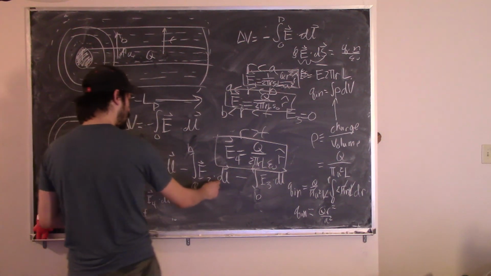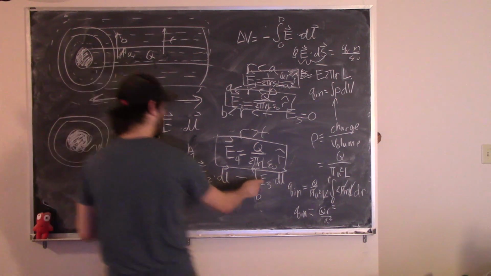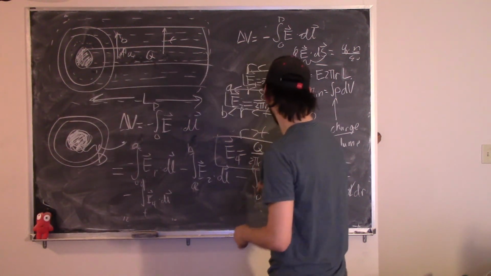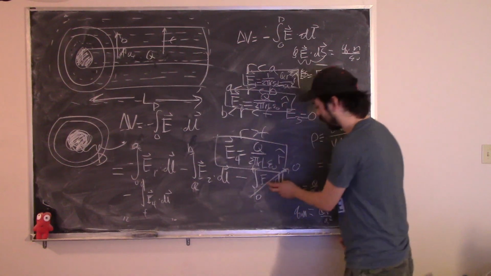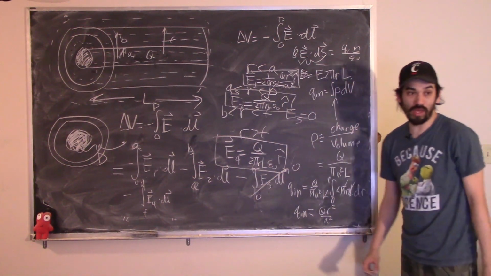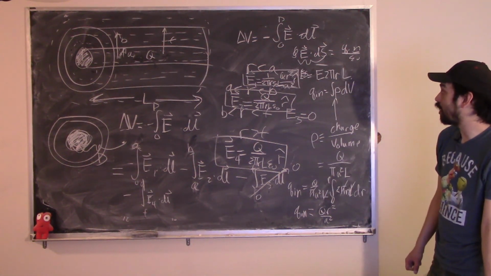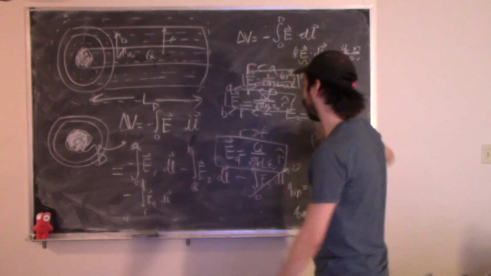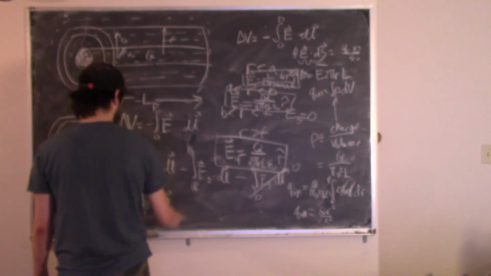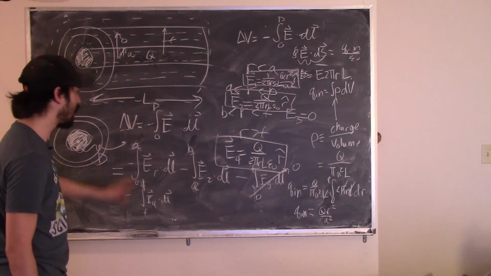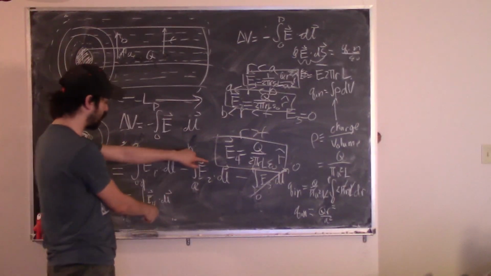Okay, this one right here is going to be 0 because the electric field is 0. And then all I need to do is plug in my electric fields, E1 here, E2 here, E4 here, and then evaluate the integrals. These two are going to give you some natural log.